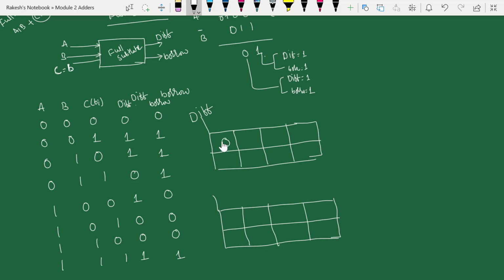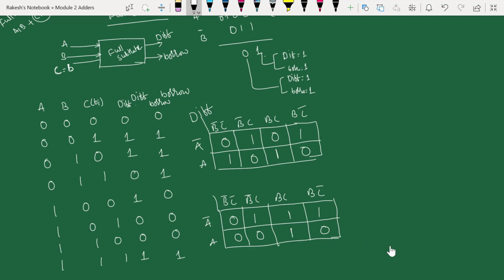If I fill, it will be 0 1 1 0 1 0 0 1, for A bar, A, B bar C bar, B bar C, BC and BC bar. Similarly here also same thing. And if you fill the borrow, 0 1 1 1 0 0 0 and 1.